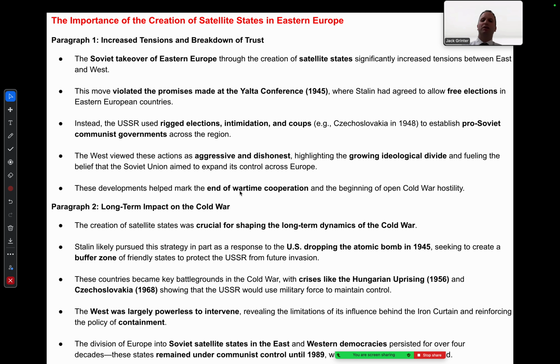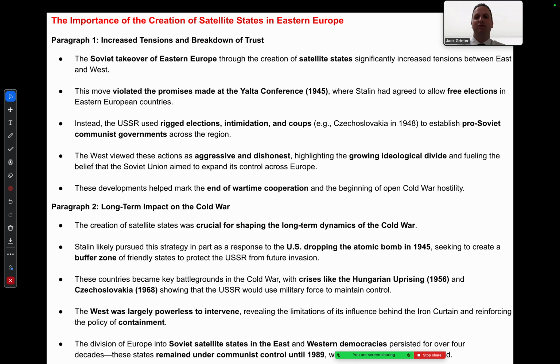And then if you got asked the question, why was the creation of satellite states in Eastern Europe important? You could say it's probably the first huge thing where there's a real breakdown in trust, because by taking over Eastern Europe, which is essentially what the Soviet Union did, they were breaking the promises made at Yalta, weren't they? Remember at Yalta, it was agreed that the countries of Eastern Europe could have free elections.